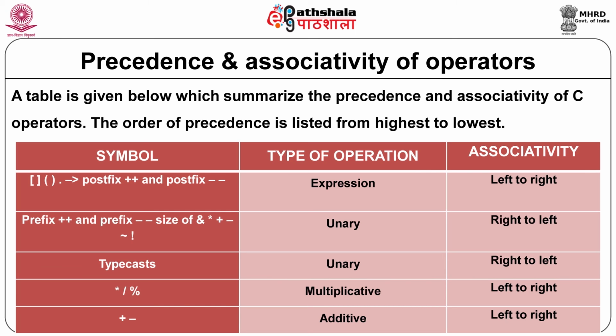In this you will find one new thing, that is typecast. Typecasting is a way to convert a variable from one data type to another data type. For example, if you want to store a long value into a simple integer, then you can use a typecast from long to integer.